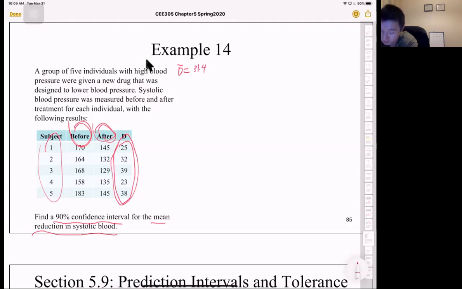Also we can calculate the sample standard deviation based on the equation from the previous chapter, chapter 2. The sample size n is 5, xi is this, and this is the sample mean.